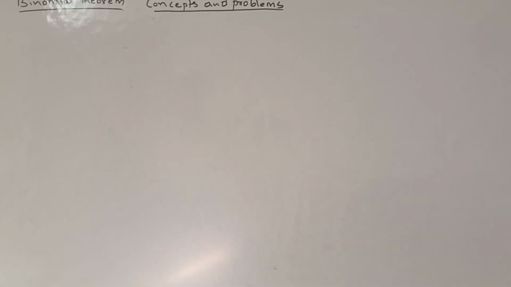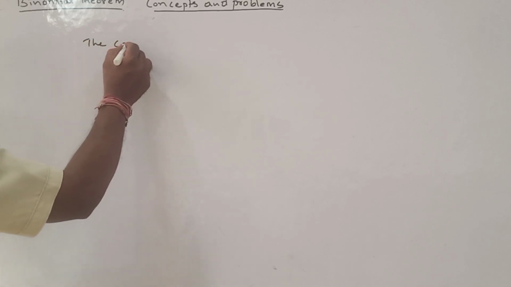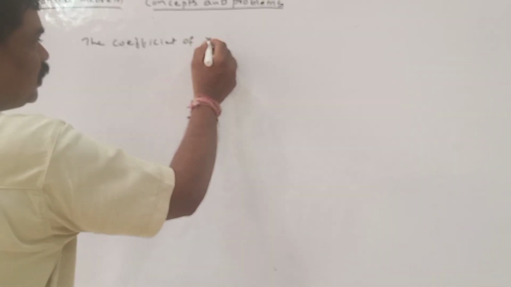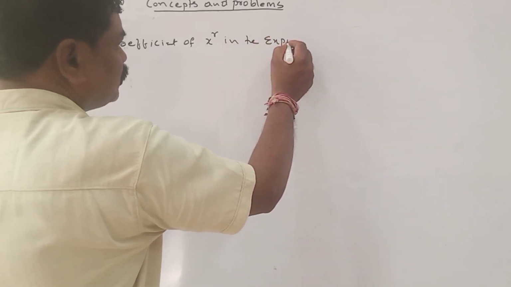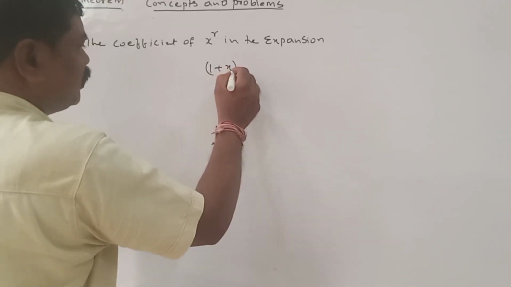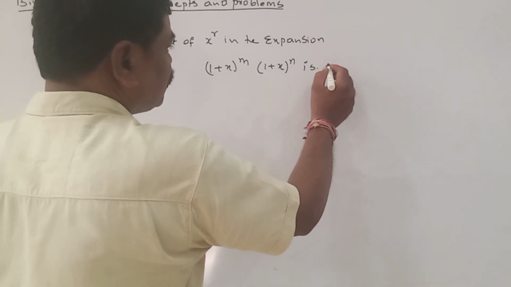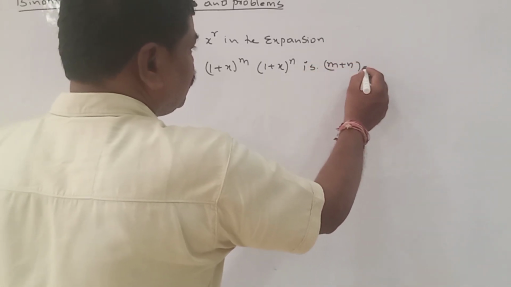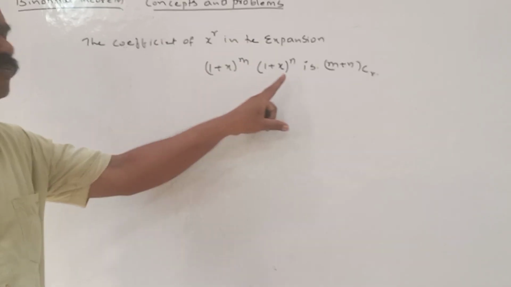Here we have one more important result in binomial theorem. The coefficient of x power r in the expansion of (1 plus x) whole power m into (1 plus x) whole power n is m plus n C r. This is the coefficient of x power r in the expansion of this one.